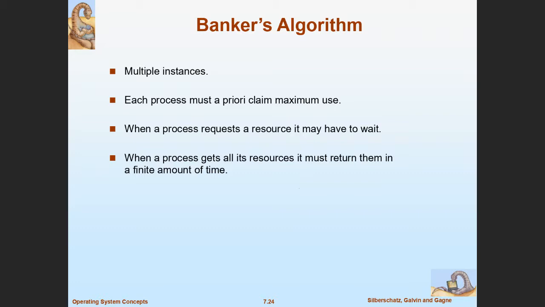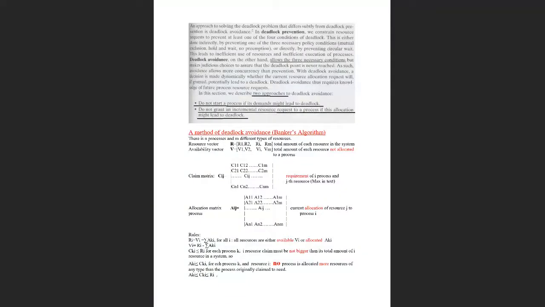So when the process is requesting, it may have to wait a little bit. And when the process gets all the resources, it must return them in a finite amount of time, of course. So let's take a look at the methods of deadlock avoidance, the Banker's algorithm.